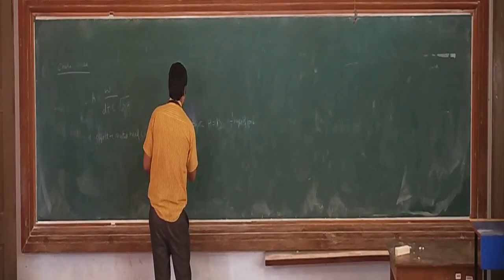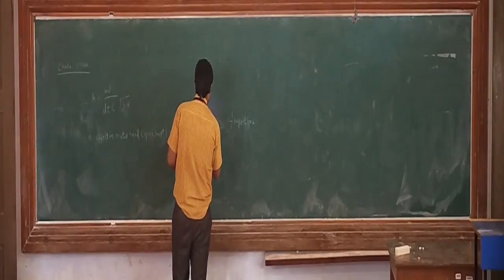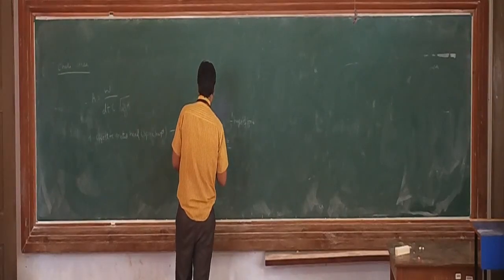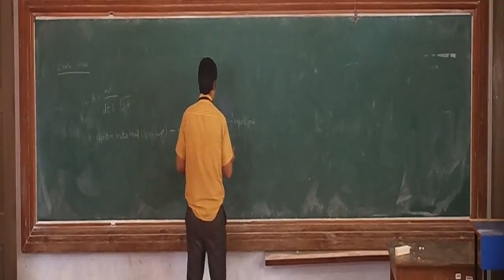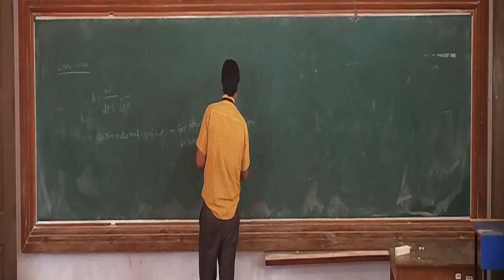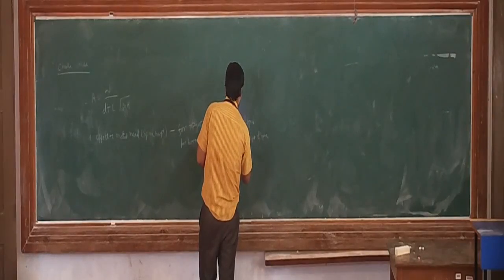For bottom gate, H is equal to h minus C by 2, where again h is height of sprue and C is total height of mold cavity.